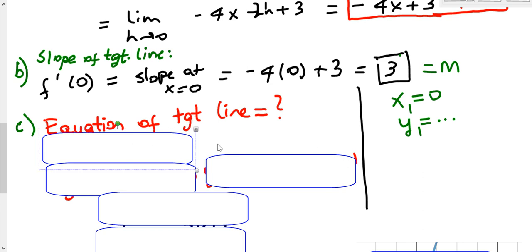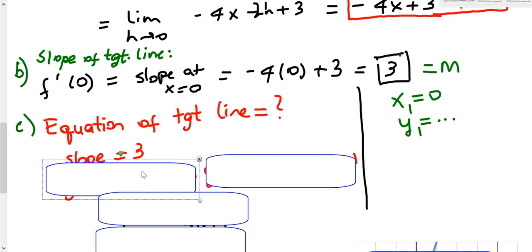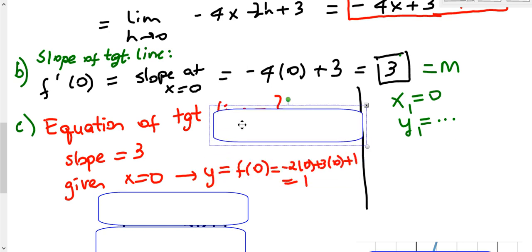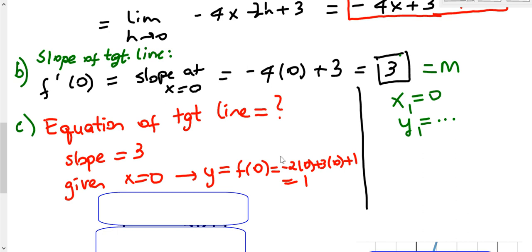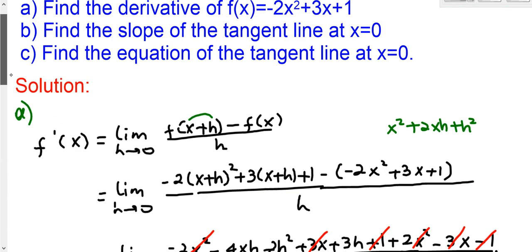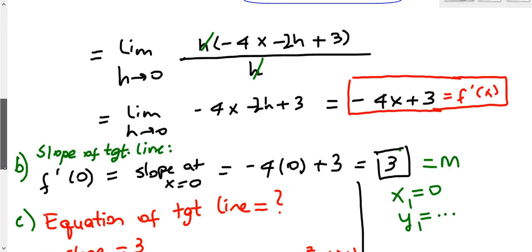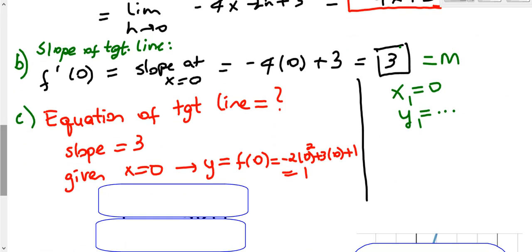To get the height at that point. So we know the slope, x is given, so plug it into y, or f of x. And if you plug in 0 everywhere you see an x in the equation way up there, this disappears, you're just going to have 1. So that's our y coordinate, 1.